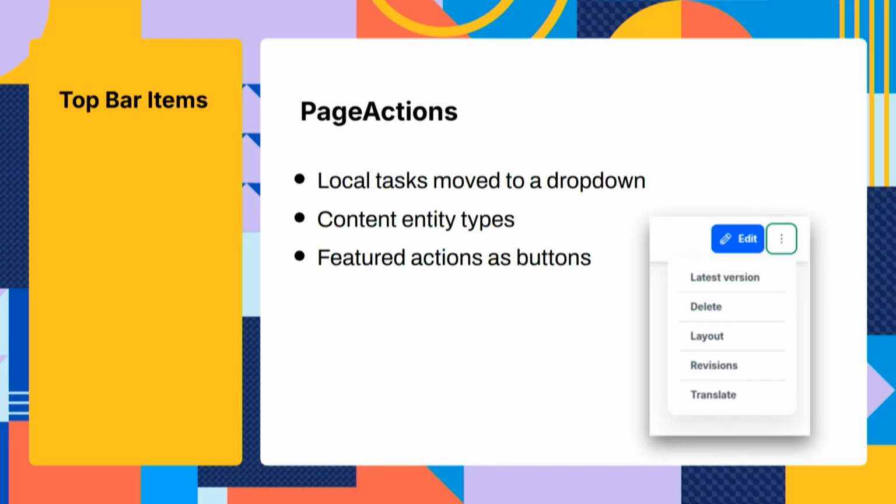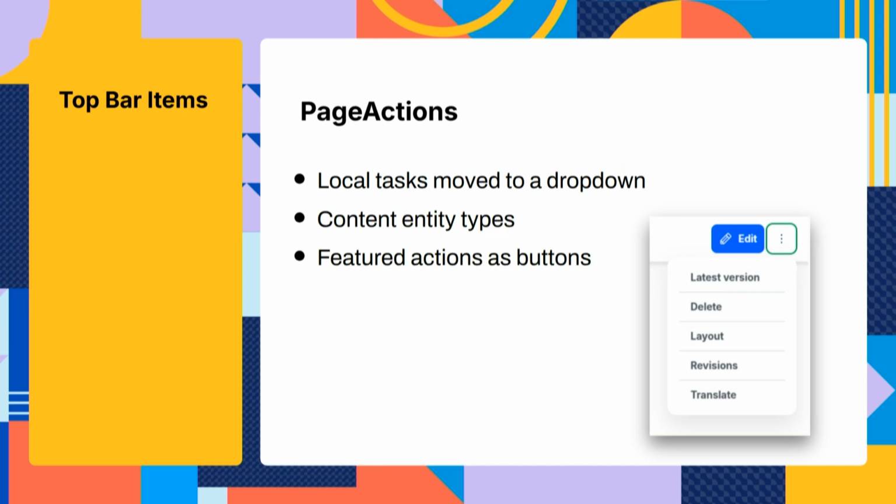Basically, with core, we are shipping these 2 top bar items. For the page actions, you are moving the actions to that drop-down. If you have enabled content moderation, you have the latest version. If you have translation enabled, you have translate, layout if you have Layout Builder, etc. Right now this is for content entity types.